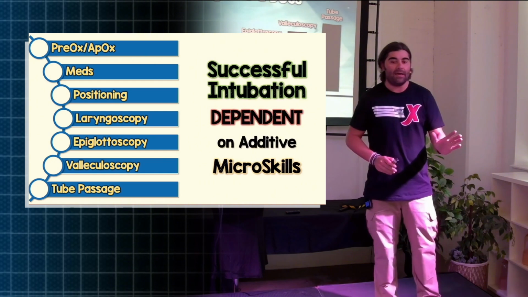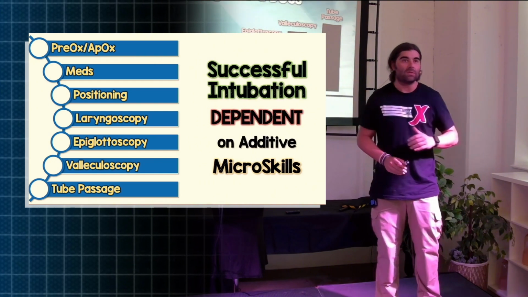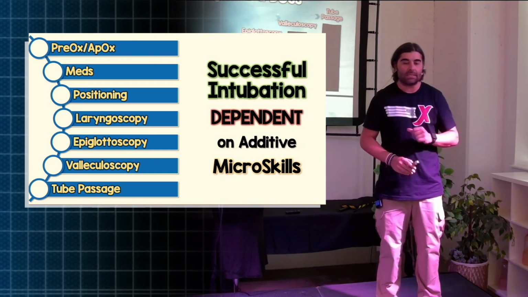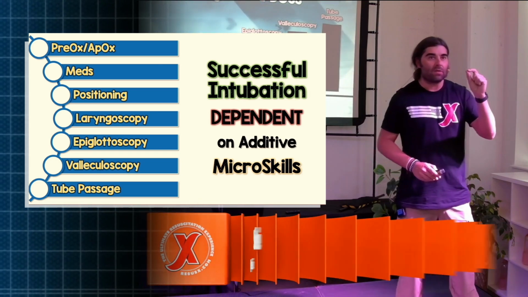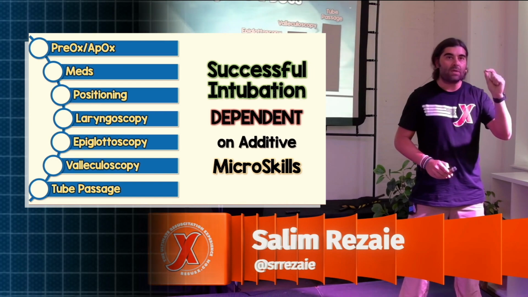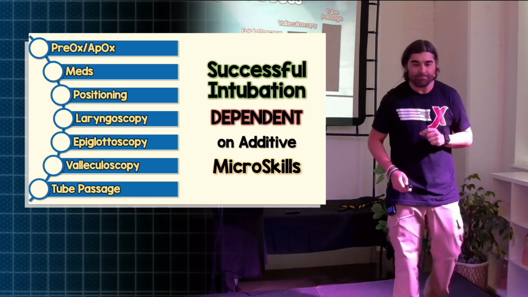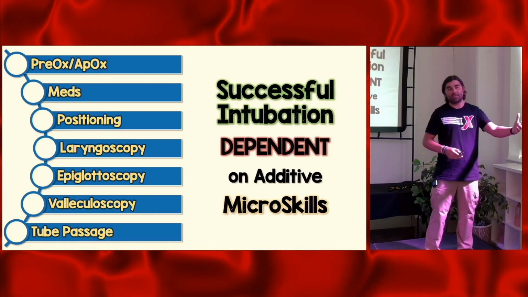Now, up here, I have a bunch of different MicroSkills. This is not an all-encompassing list, but I think it's important that we think about each of the little micro skills that we do when it comes to intubation. This is true of anything, not just intubation.